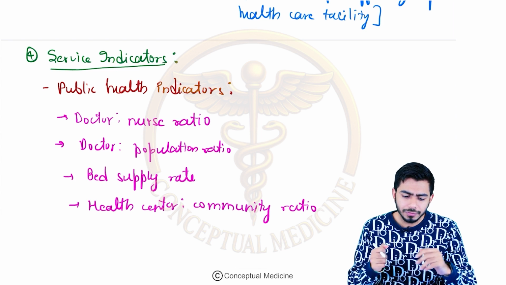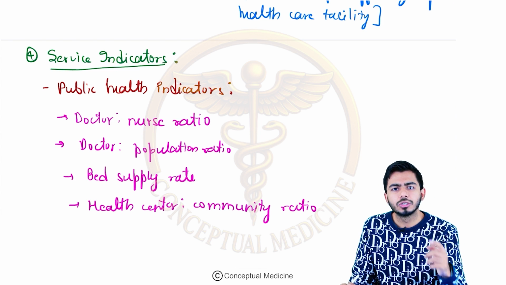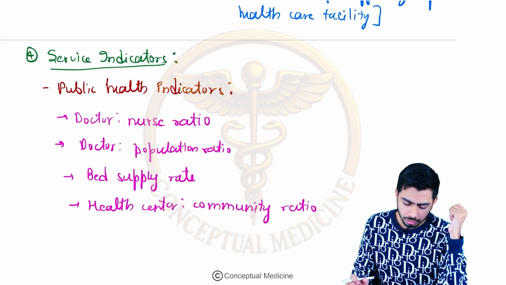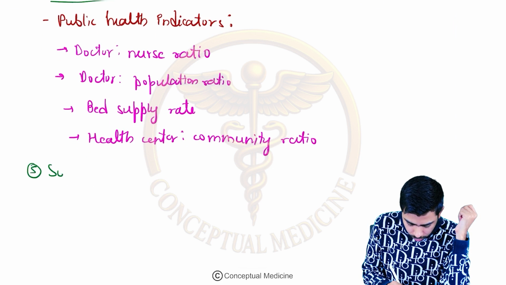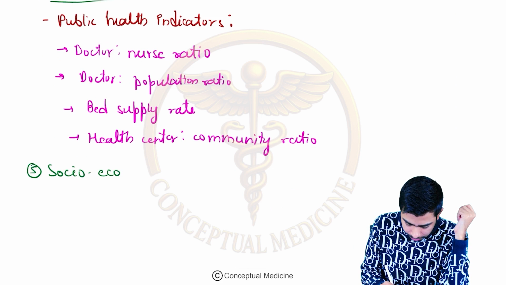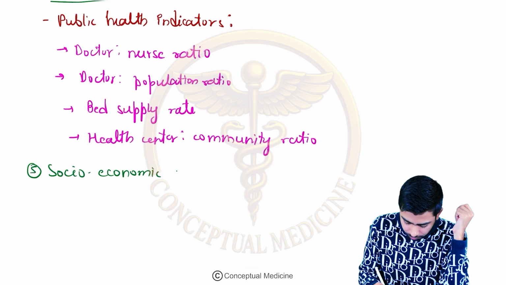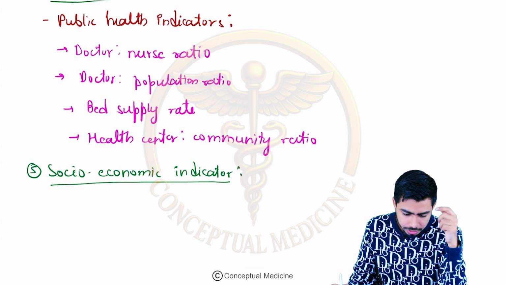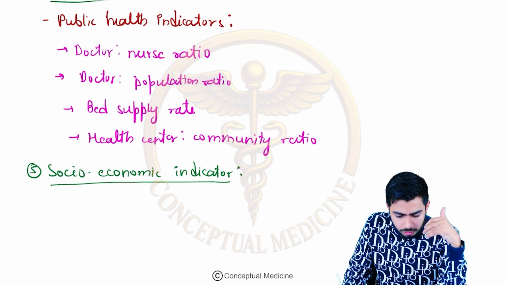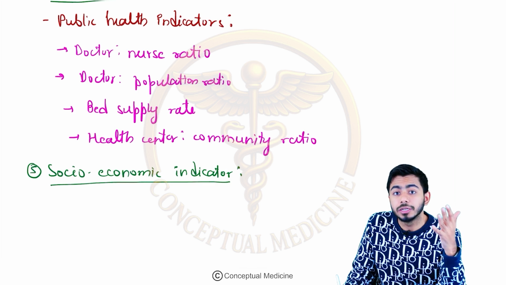Okay, then we shall talk about the next indicator, that is the socio-economic indicator, right? It's a very important indicator among all the indicators. In the socio-economic indicator, we are talking about the development of the area, right?